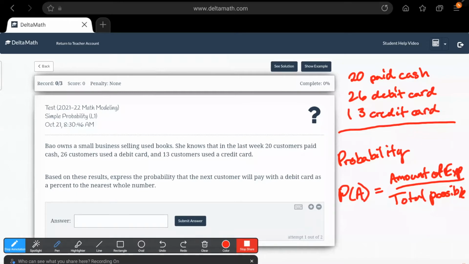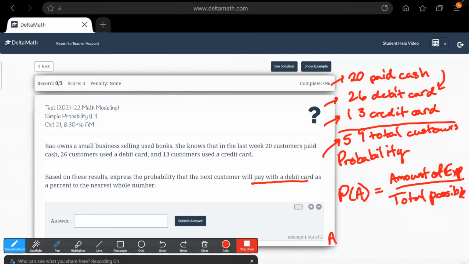In this case, we've got 20 customers paid in cash, 26 customers paid with a debit card, 13 paid with a credit card. So that means that there were 59 total customers. So the probability that the next customer will pay with a debit card is going to be how many customers have paid with a debit card divided by how many total customers there have been.